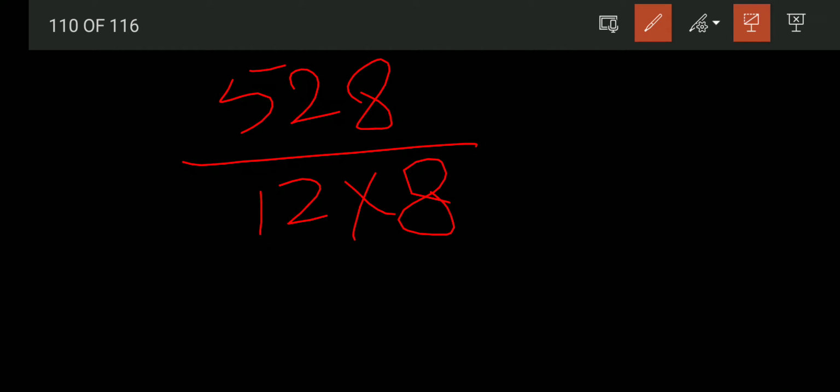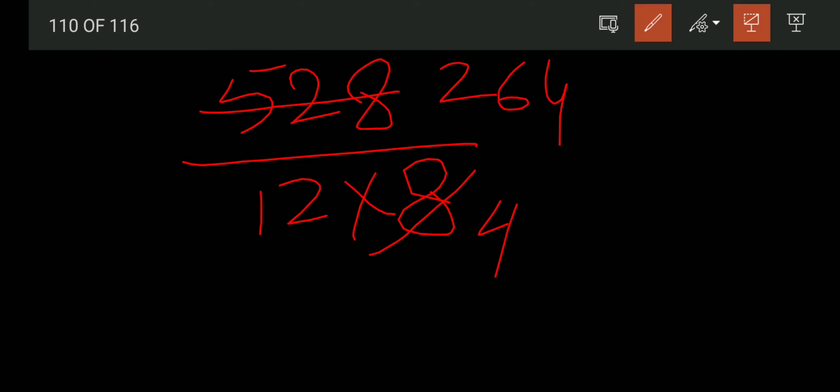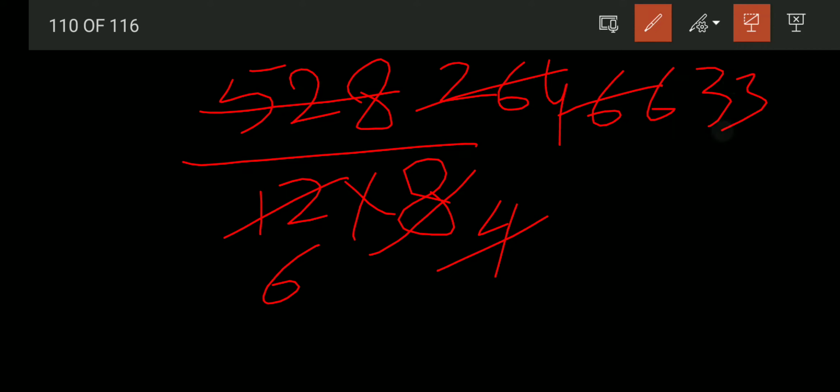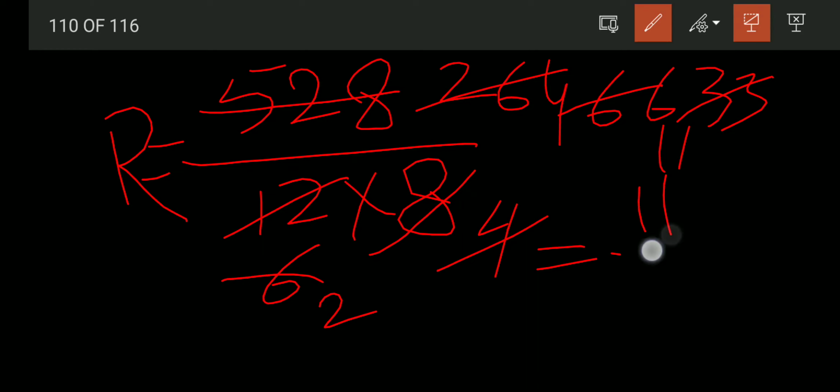Now we'll cancel. See, 2 4s are 8, 2 2s are 4, 2 6s are 12. Now this will get cancelled with 4, 6. Then 12, 2 6s are, and 66, 33. 3 2s are 11. So what we get is 11 by 3. This is improper fraction. We'll convert this into mixed. It will be how much?